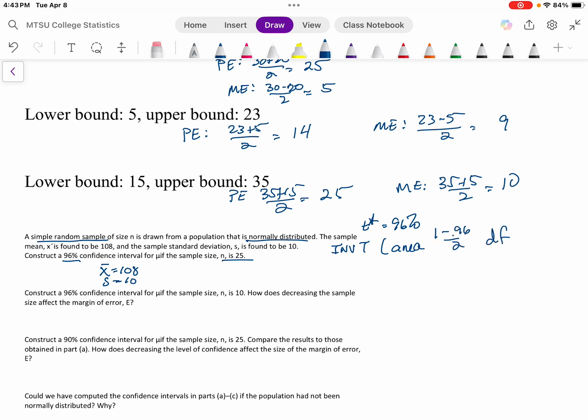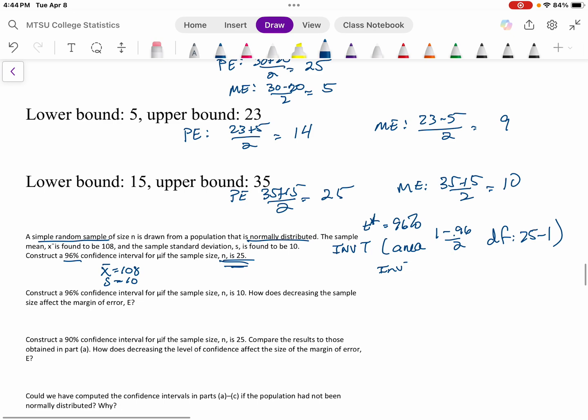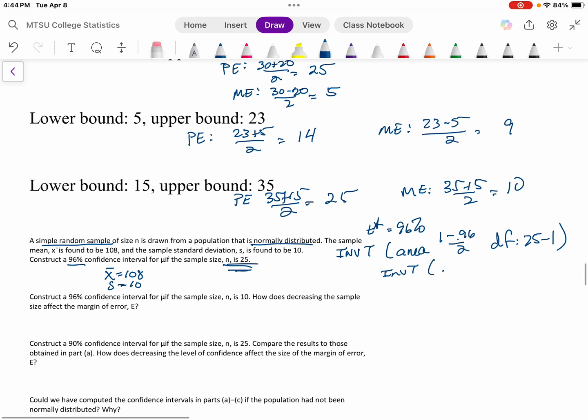My degrees of freedom would be 25 minus 1. Notice they gave us sample size. They didn't give us degrees of freedom, so we have to subtract 1 here. So inverse t, 1 minus 0.96 is 0.04 divided by 2 is 0.02. Degrees of freedom is 24.